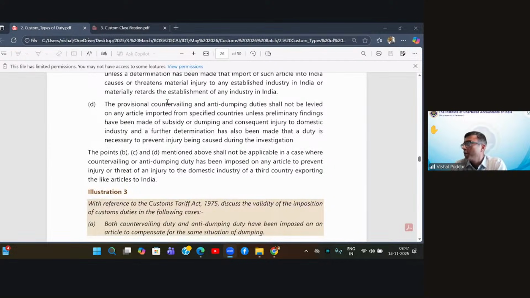Further, provisional duties, both countervailing or provisional anti-dumping duties, will not be levied if imports are coming from some specified countries. Who are these specified countries? Again, the above countries only, WTO countries or most favored nation countries, unless the preliminary findings have confirmed the subsidy or the dumping.